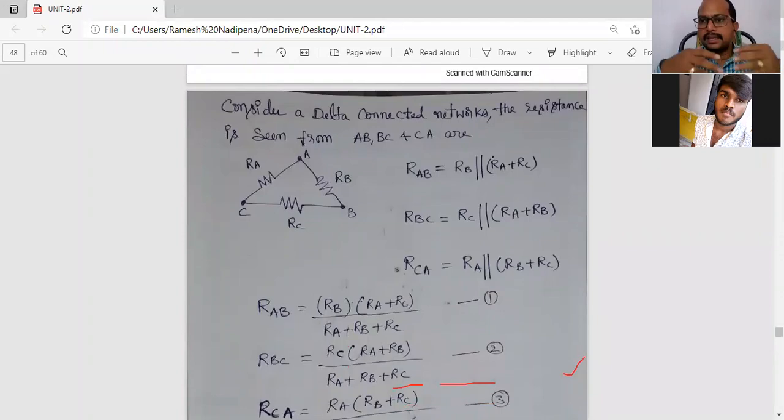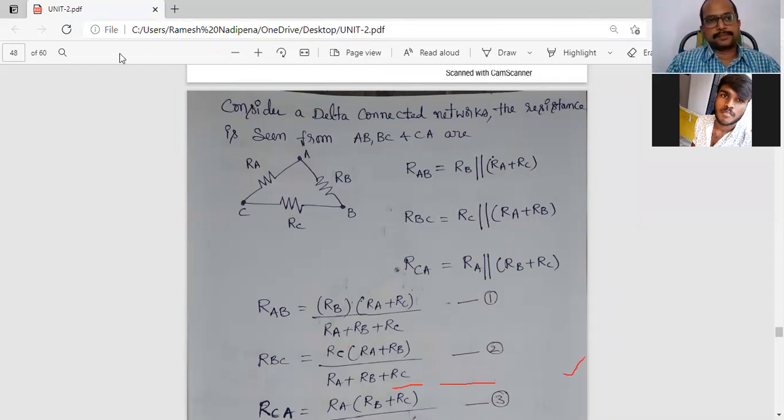Our main aim is to transform the delta connected network to star. That's why we consider the star and delta connected network elements. After getting these elements, we equate both, and from that we derive the expression of delta to star transformation.